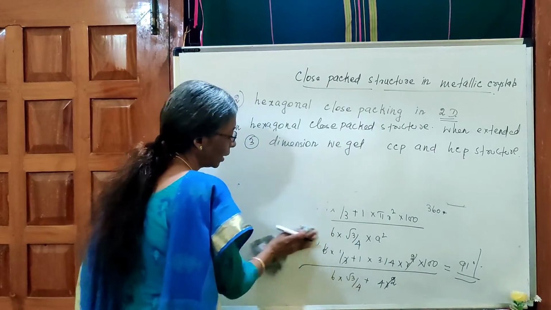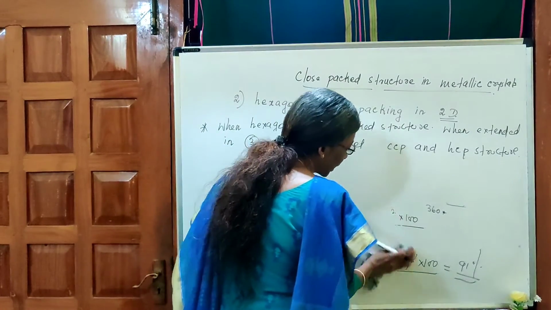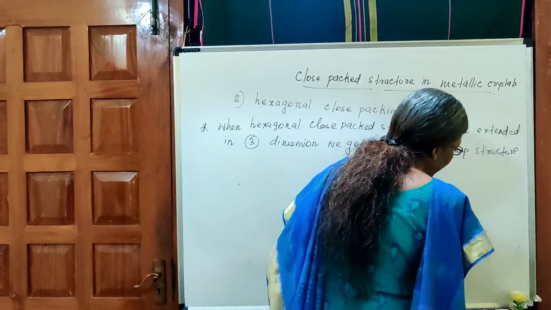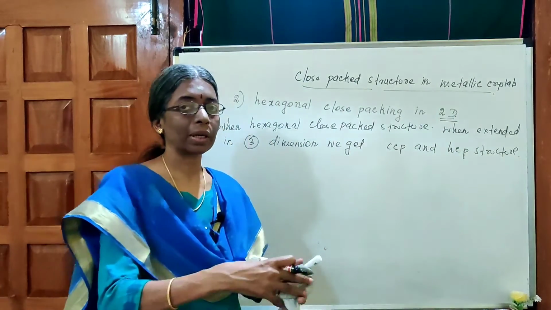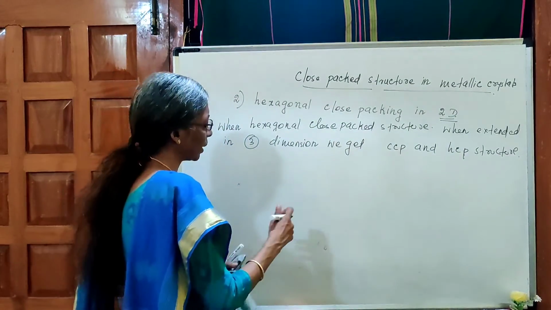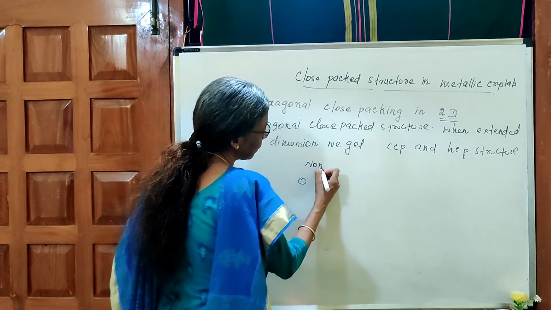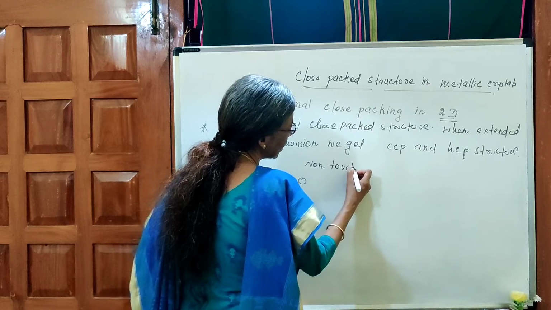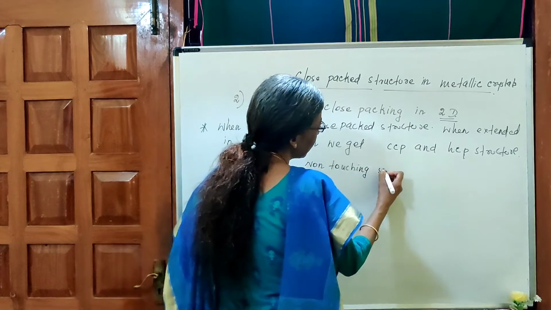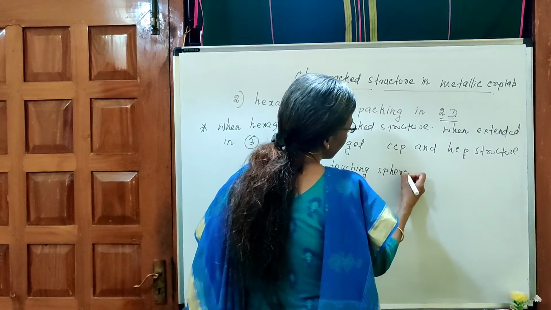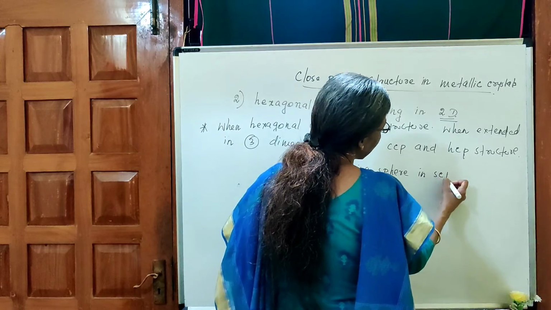Next, I told you that sometimes the arrangement comes with non-touching spheres. How does it come? Somewhere one non-touching sphere in square close packing.